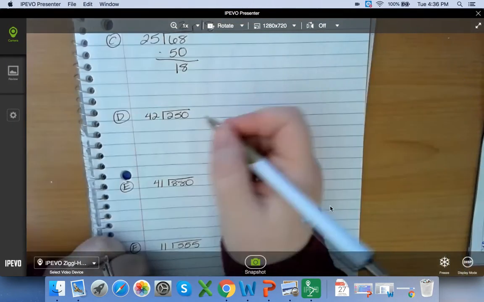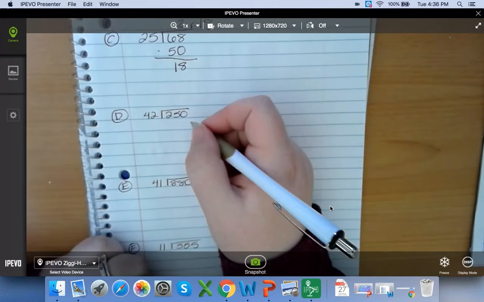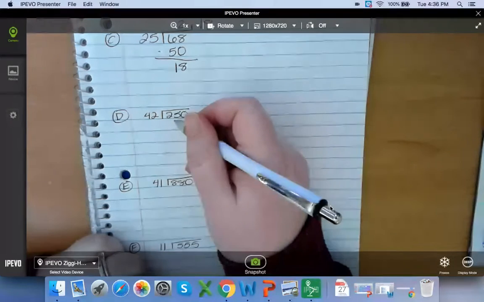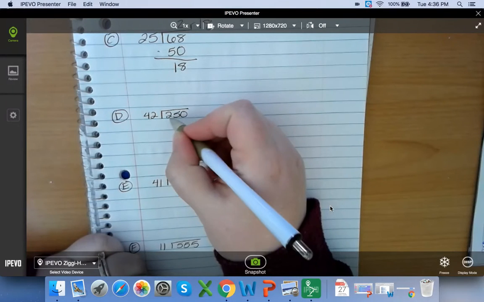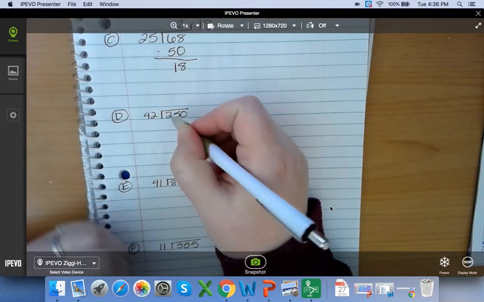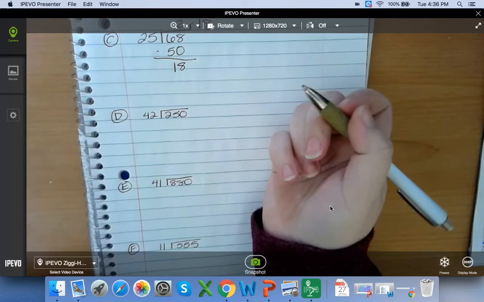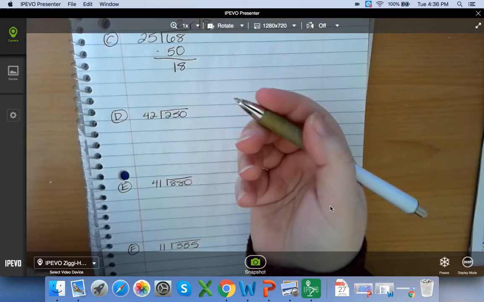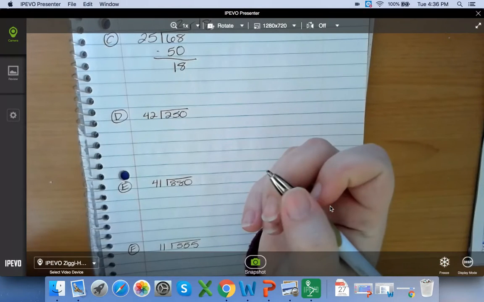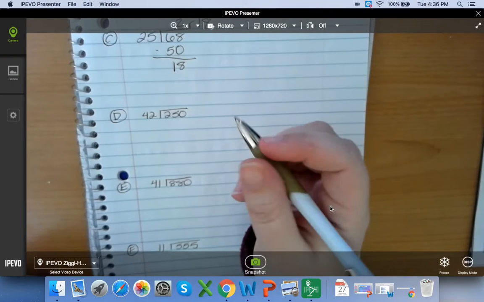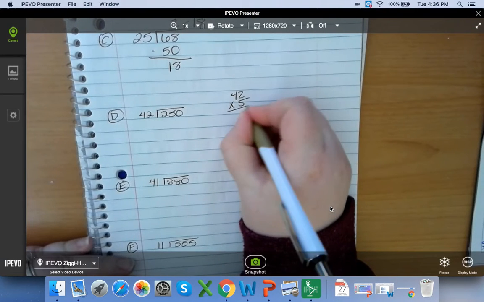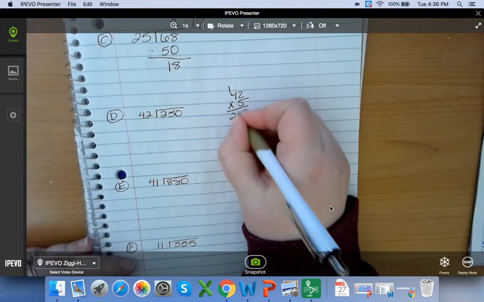All right, letter D won't be as easy as that. So what I'm going to do is ask myself, okay, 42 into 250. So if I kind of cover up my numbers here and think about it, 40 going into 250, how many times does 4 go into 25? I'm going to say that that's about 5, but I've got to prove my work. So let's check that over here. 210, okay.